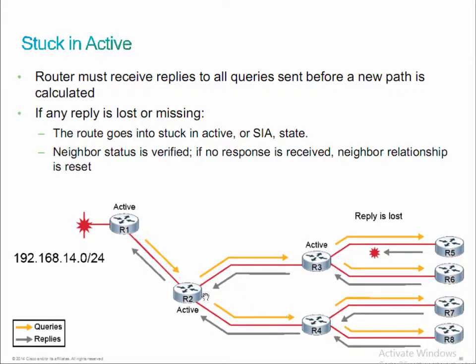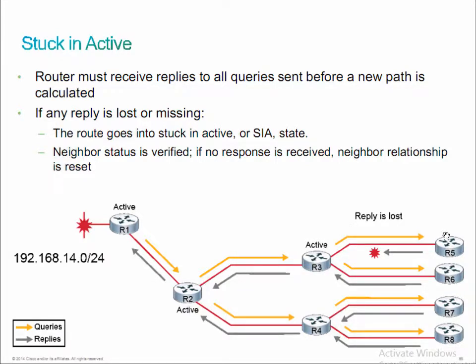Excellent. The gray lines have not happened, by the way. In fact, this gray line shouldn't even be there. The one between R2 and R3 shouldn't be there, and the one between R2 and R1 shouldn't be there, because the reply never came back from R5. So R5 doesn't reply to the active query, which means R3 can't respond to R2.